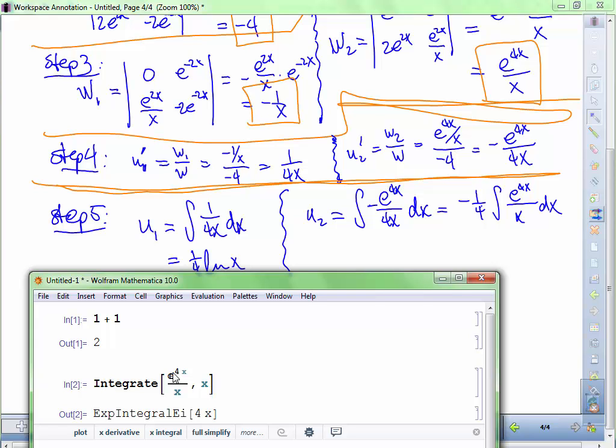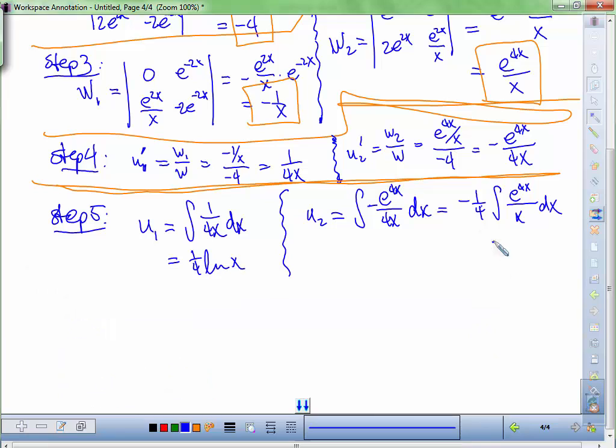What that means is that there's no nice closed form answer for this. So the best we can do is leave it the way it is, and maybe we can even just make it look a little bit more formal. We're going to integrate from, I think in the book they use x naught to x depending on what your initial value is. So in this case, we don't have an initial condition, so we'll leave it an arbitrary x naught to x, and then in doing so, you're changing the variable to be x.